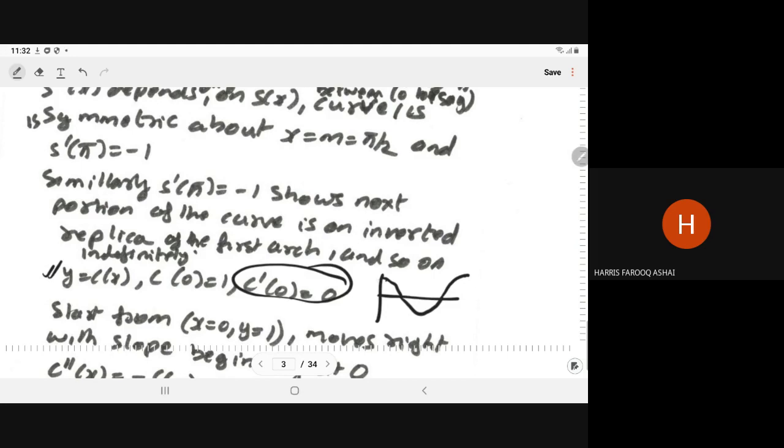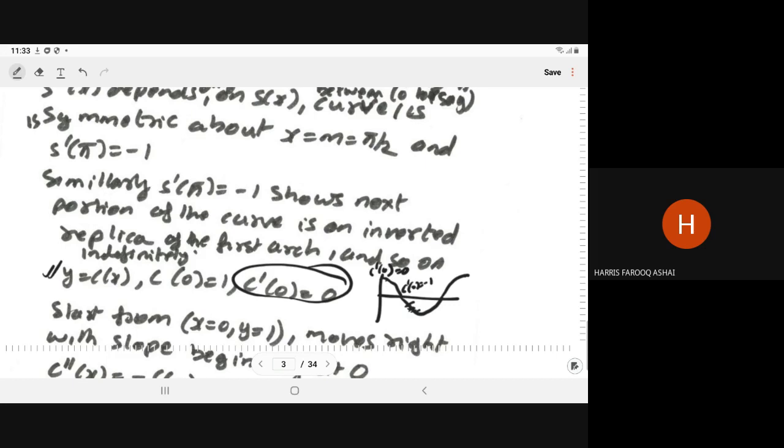See, actually here we have none. Here we have C dash is equal to 0. Here we are saying that C dash is equal to -1. Then because C is negative at this place, right?